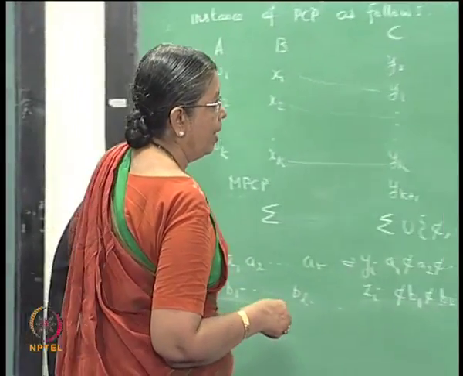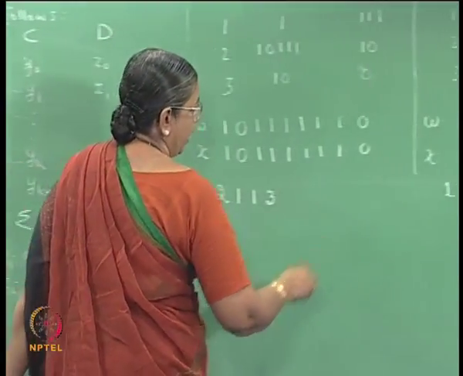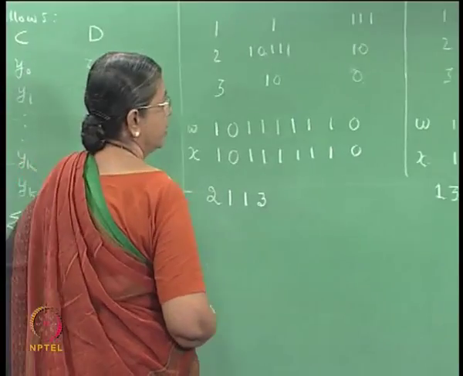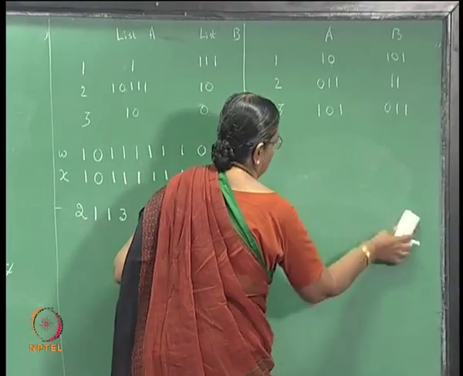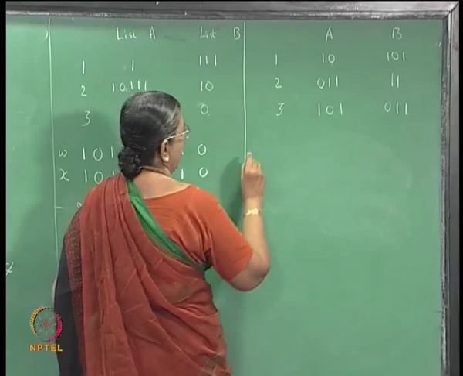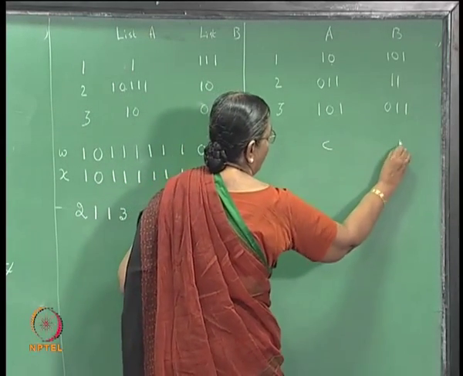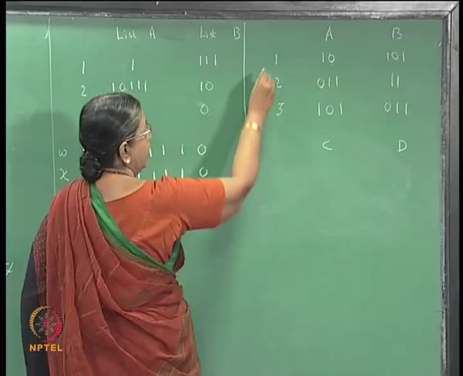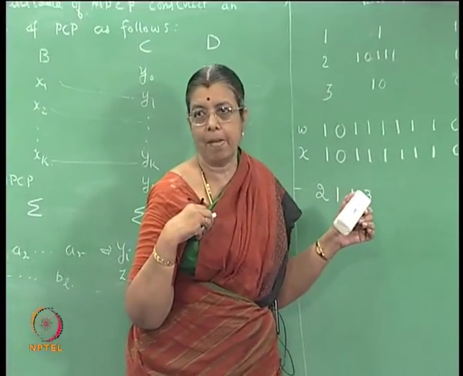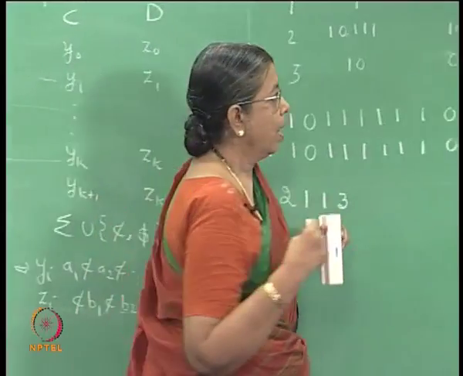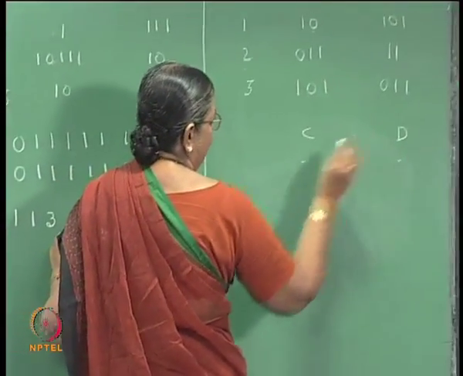So for example, if I take this instance and want to form the CD list, there are 3 strings in each list. Here there will be 3 plus 2, 5 strings. The first one we will write later.